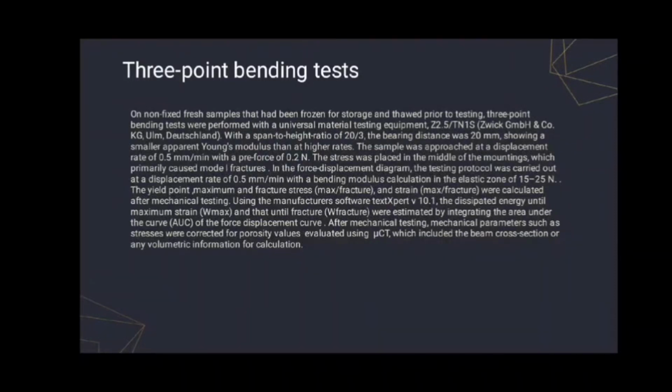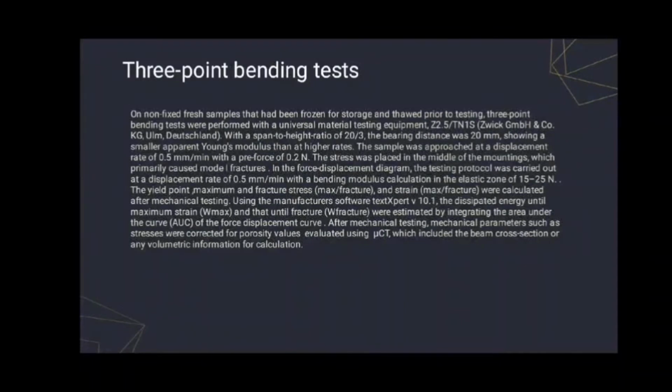In the force displacement diagram, the testing protocol was carried out at a displacement rate of 0.5 mm per minute, with a bending modulus calculation in the elastic zone of 15 to 25 Newton. The yield point, maximum and fracture stress, and strain were calculated after mechanical testing.